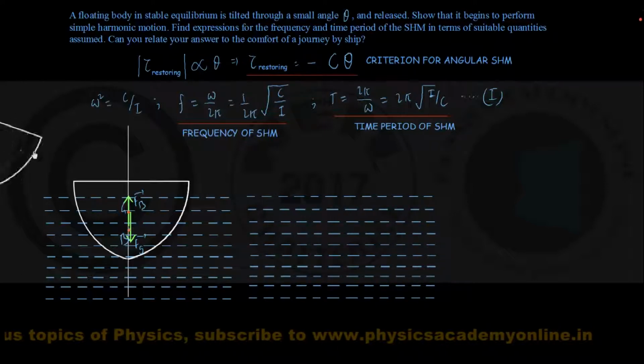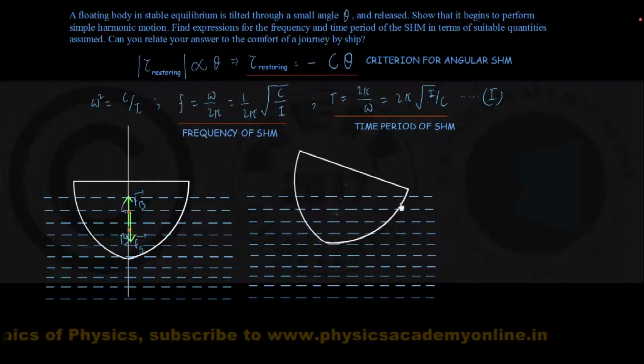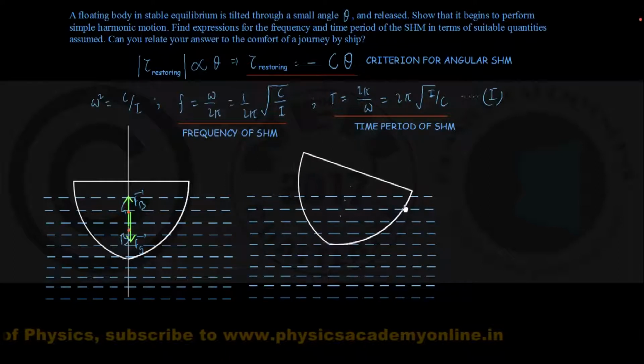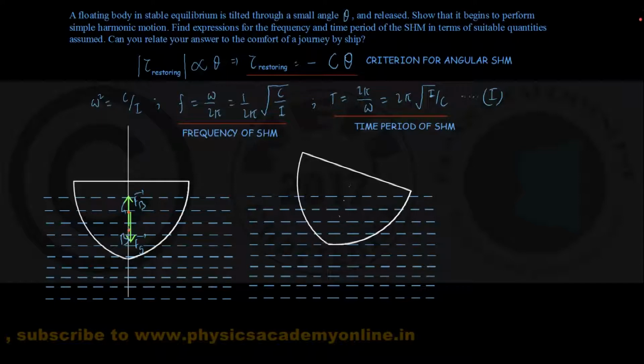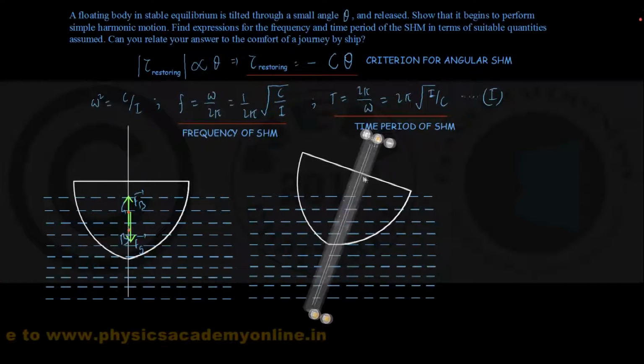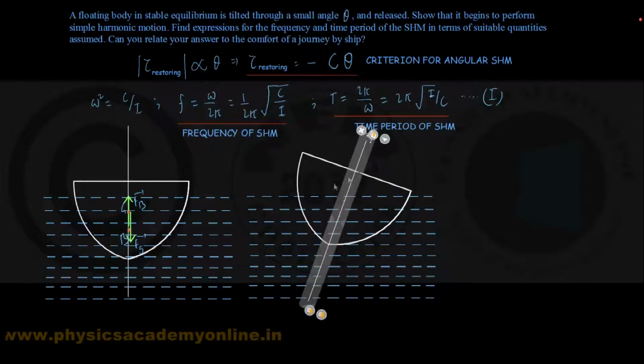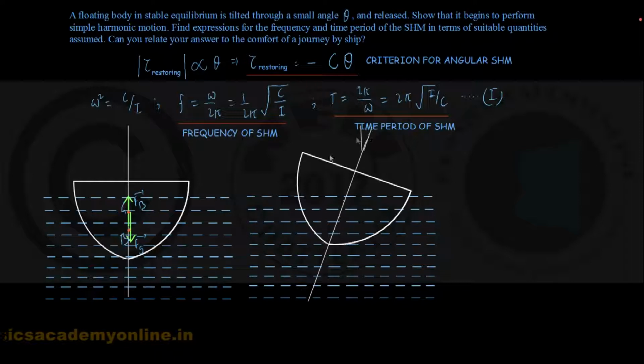So one more figure here by the side, and after the tilt being given, this is the new position of the floating body, and the center line also tilts to the same angle, which is taken to be theta. So let me show it here. I'm once again magnifying this theta. Actual value of theta has to be small if it has to perform simple harmonic motion.